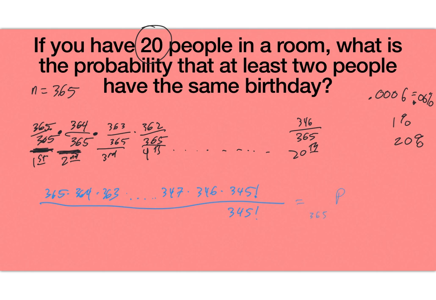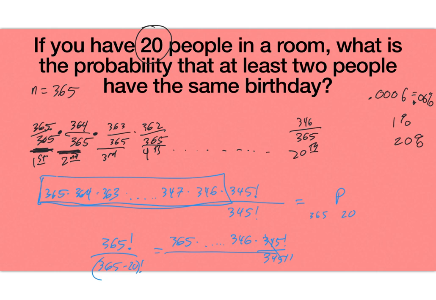365 permutation 20. Because that is, as a formula, 365 factorial over 365 minus 20 factorial, which would be 365 times all the way down to 346 times 345 factorial over 345 factorial. This is a gigantic number.